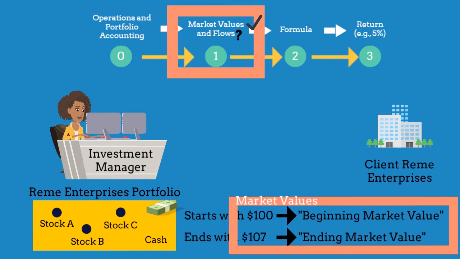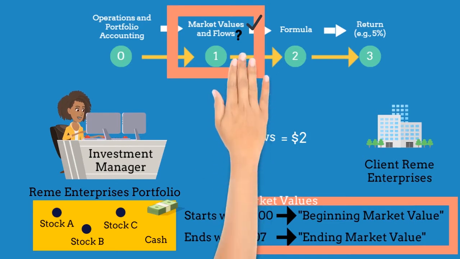Or they may need their money back and withdraw it from the portfolio. These are called flows. For this example, I'm going to assume Remy Enterprises wants to invest more. So it adds $2 at the end of the period. So now we have both inputs, the market values of $100 and $107, and the flows of $2.